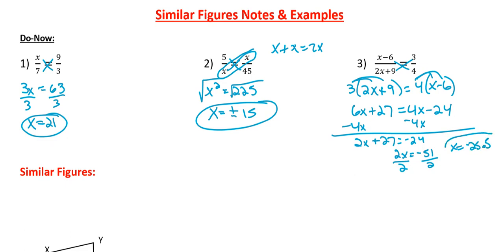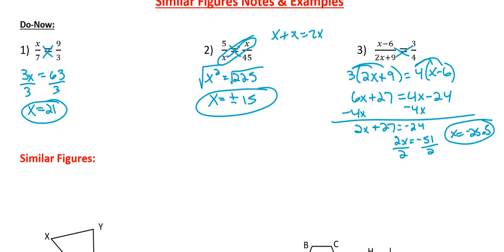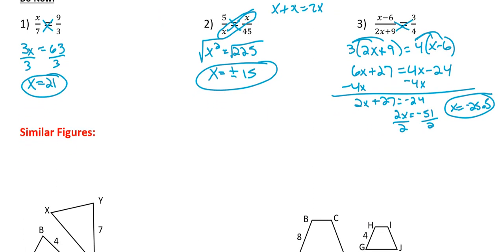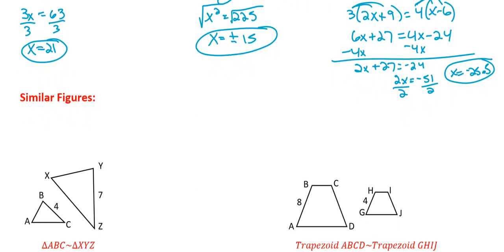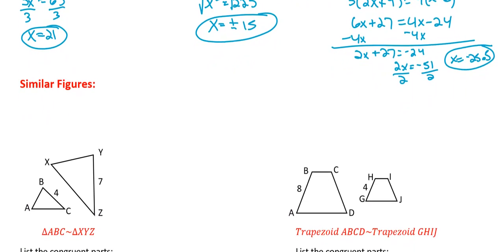And that'll be that. Alright, so that's just our review for the proportions. So hopefully everyone was able to do those. Again, hopefully you're pausing the video and actually trying some of these problems on your own and not just waiting for me to put up the answers.